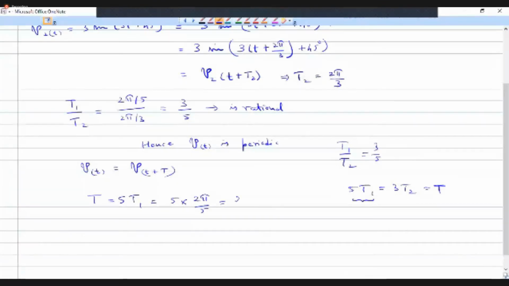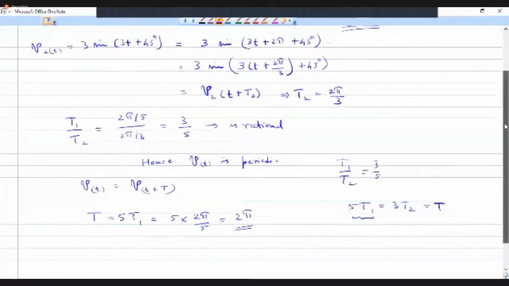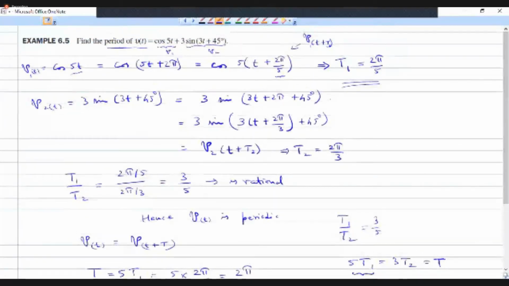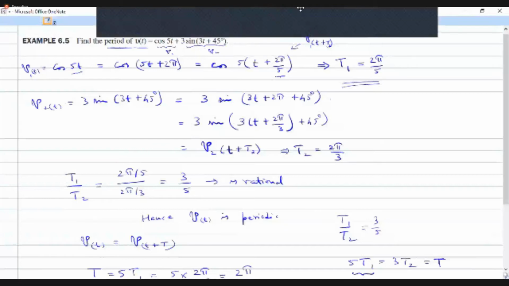So this is the period of the voltage V of t, right? When you add up these two signals, two functions. Are you following? Yes, sir.